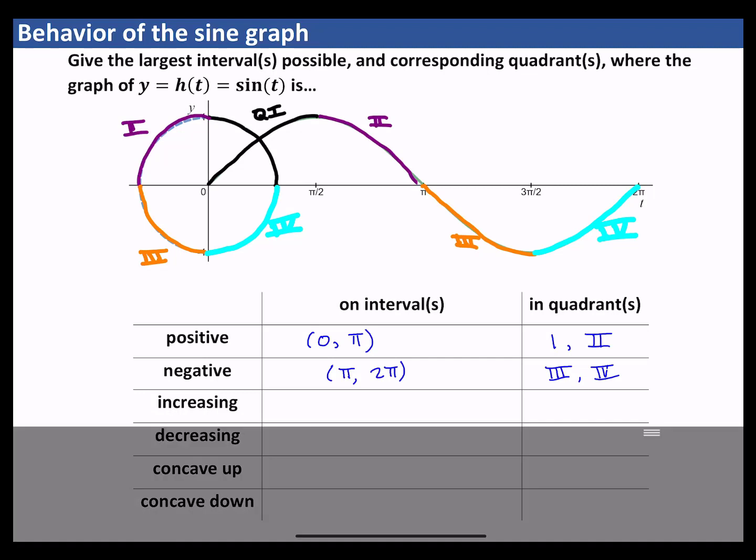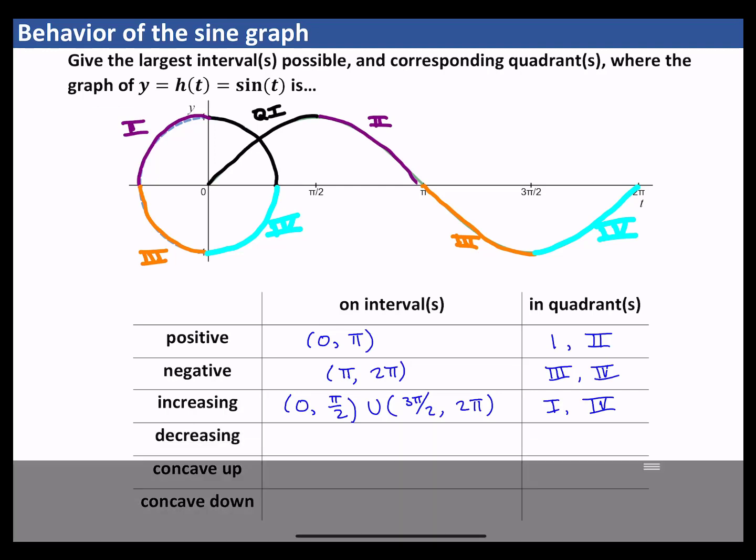All right, next, where's the sine function increasing? So where would the sine function have a positive slope? And we see that that is true from 0 to pi over 2, as well as from 3 pi over 2 until 2 pi. And so that's quadrant 1 and quadrant 4.